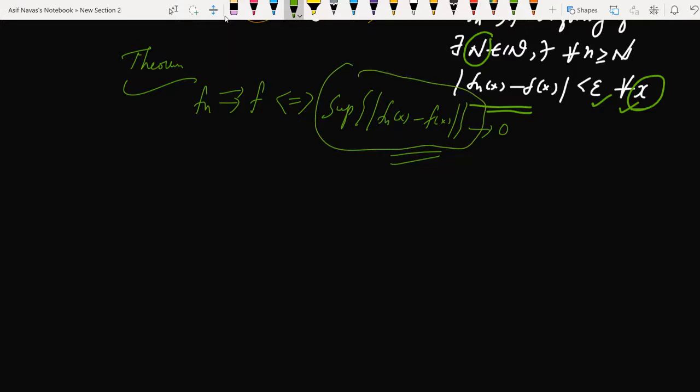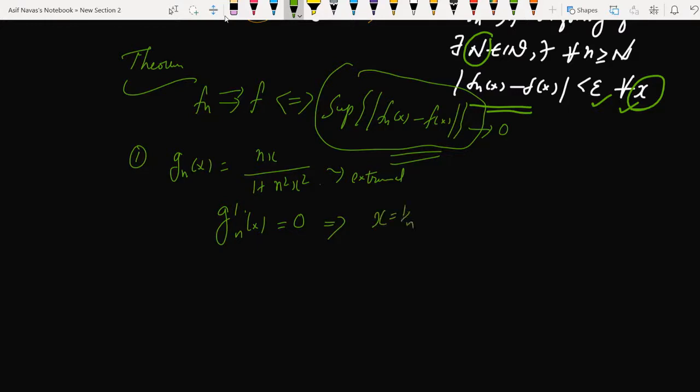So in order to find this, we use g_n(x) equal to nx divided by 1 plus n squared x squared. To find the supremum, we have to find the extremal point. For that, if we find g_n'(x) and set it to 0, we will get x equal to 1 by n by computation.